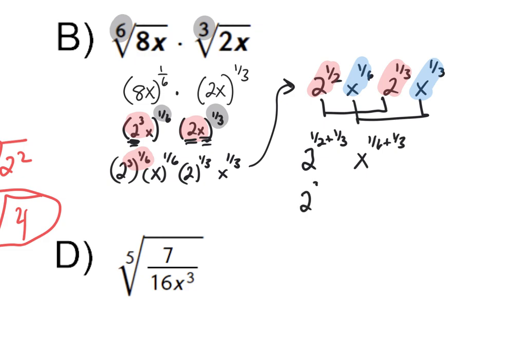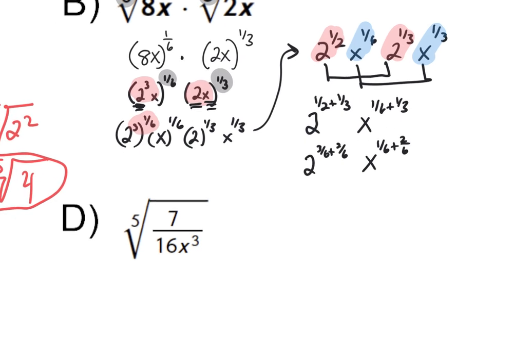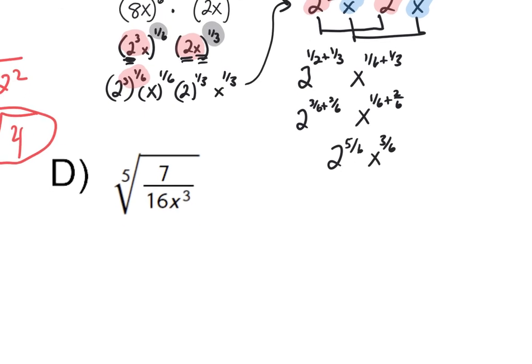Two to the 3/6 plus 2/6, and x to the 1/6 plus 2/6. So 2 to the 5/6, x to the 3/6. The sixth root of 2 to the 5th times x to the 1/2, which is square root of x. That's the best we can do.